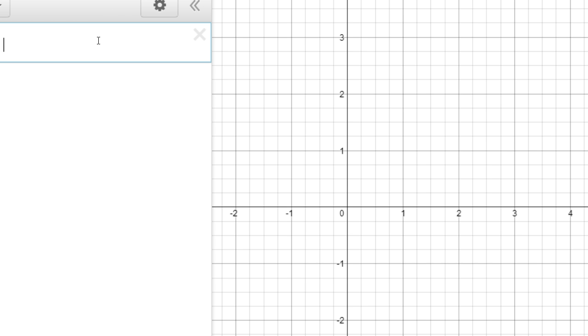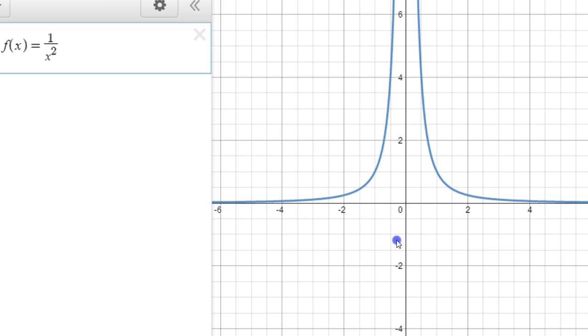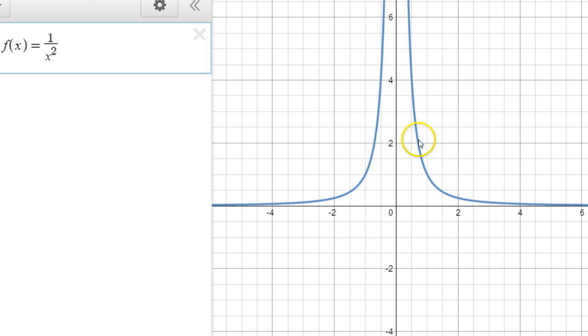So let's say f of x is equal to 1 over x squared. Just remember, you can have continuity on certain intervals. I like to think of continuity as: can you draw the entire graph without your pencil ever leaving the paper?